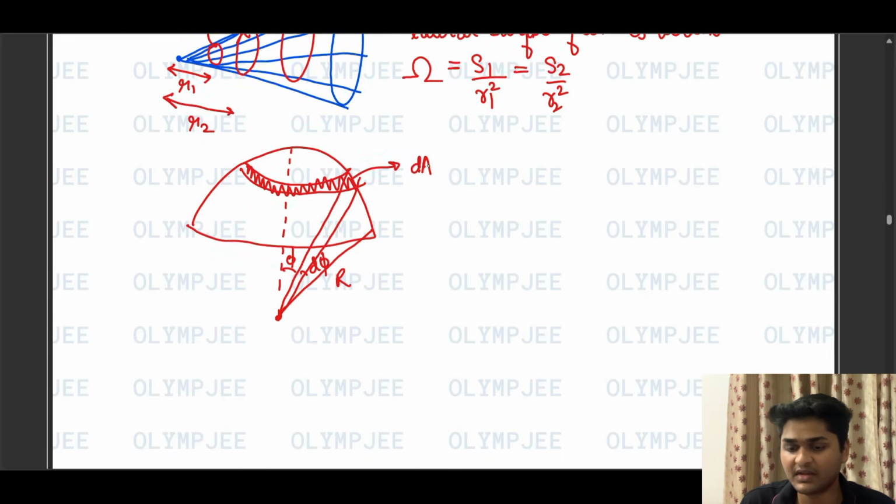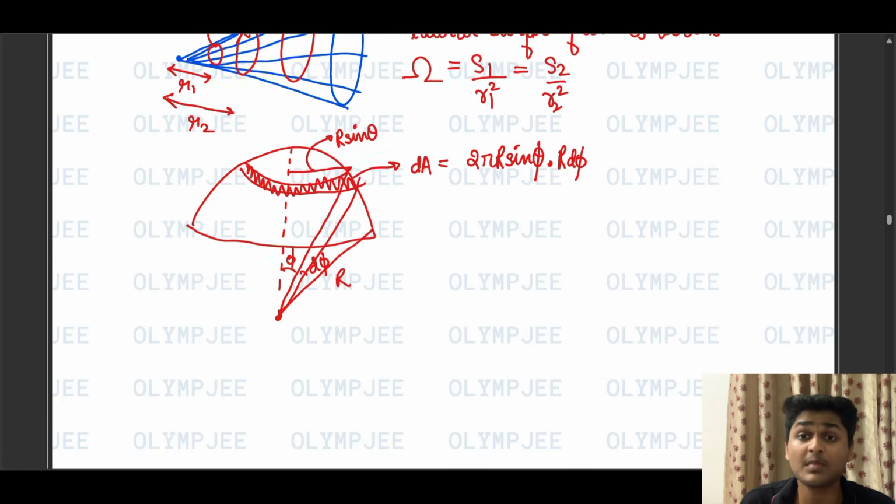So let me write the area of this. Since this is r, this radius will be given as r sine phi. So area can be given as 2 pi r sine phi multiplied by r d phi.